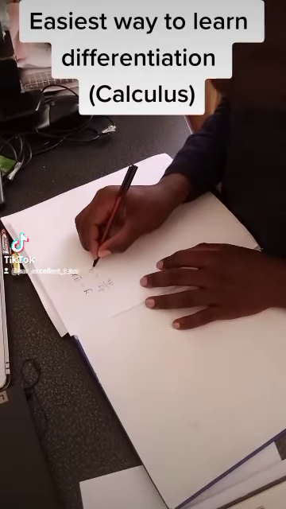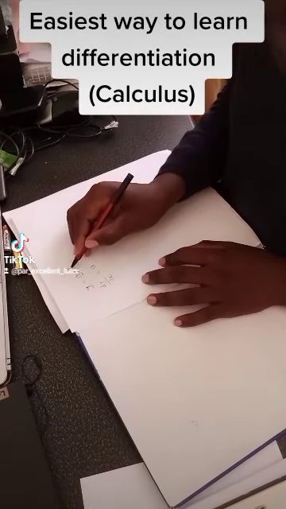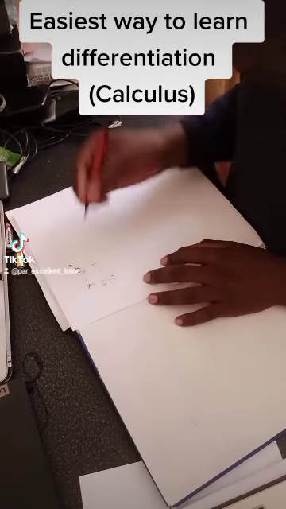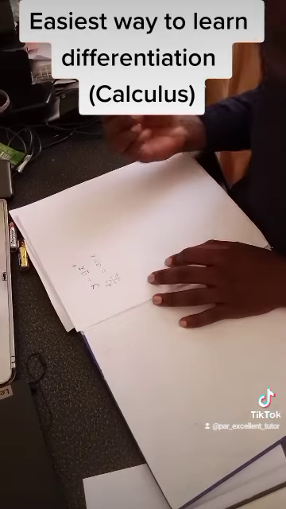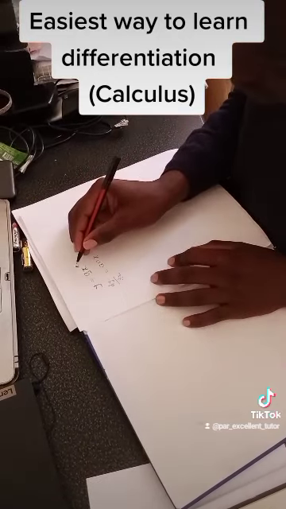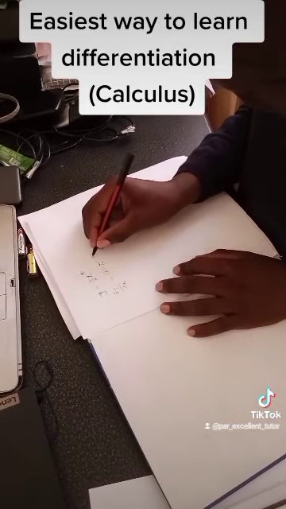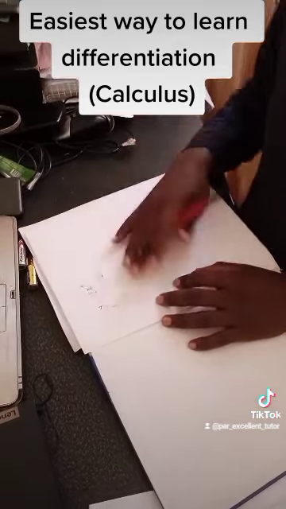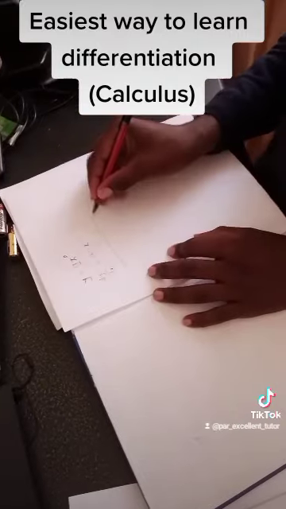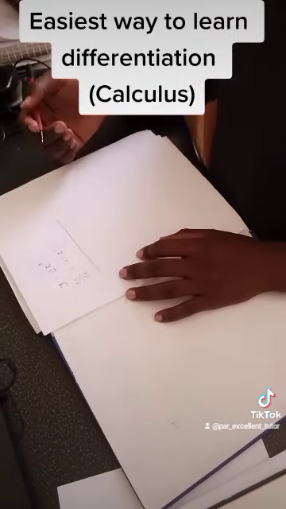So you have your a here and you drop the index, which is n, all right? And then you have x, and then you subtract 1 from your index, so it will be n minus 1. The moment you do that, you would have differentiated a function.